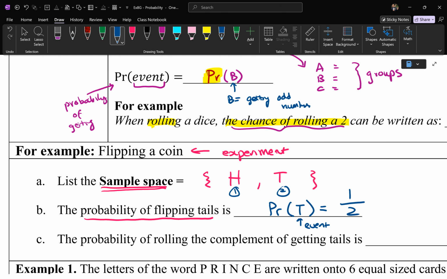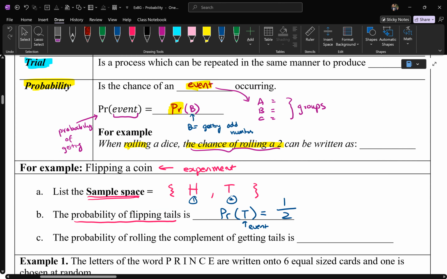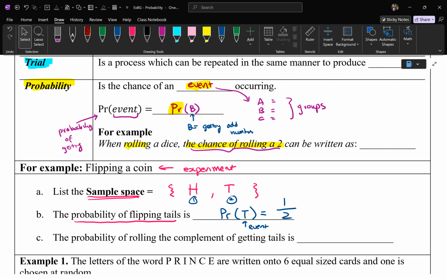Okay? Then what about the probability of rolling the complement of getting tails? How would you write that? So we're too lazy to write probability of rolling the complement of getting tails. That sounds too complicated. How do I write it more succinctly? Beautiful. I love the fact that you said brackets.